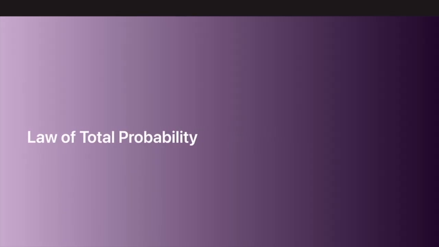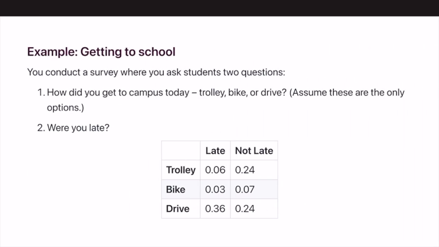Okay, so let's start off with the law of total probability and thinking about how we can use it to solve some problems. This is the example that we'll be using for the next several slides, and it's a survey that we conducted at school where we asked students two questions.